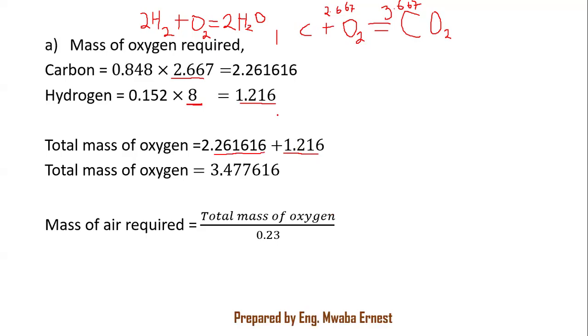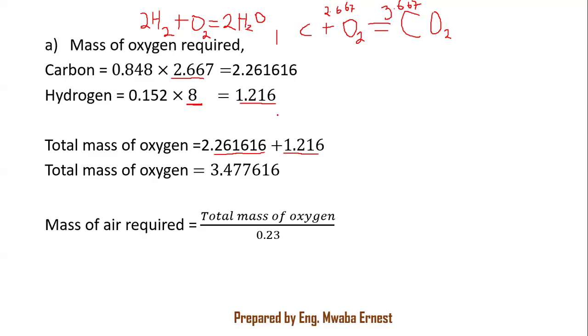So having known the total mass of oxygen, now you are ready to find the total mass of air required. We say that total mass of oxygen divided by 0.23 gives us the mass of air required. We know that by mass, the composition of oxygen in the air is 23%. By volume it is 21%.